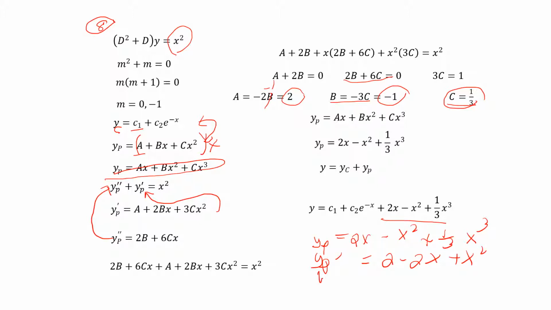And what is your yp double prime? That is negative 2 plus 2x. Notice that if you add yp prime and yp double prime, these two, the 2 and negative 2 cancel out, negative 2x and 2x cancel out, and the remaining is x squared. So this just verifies this x squared there. Okay, so that will serve as a check in order for you to determine if your yp is right or wrong.